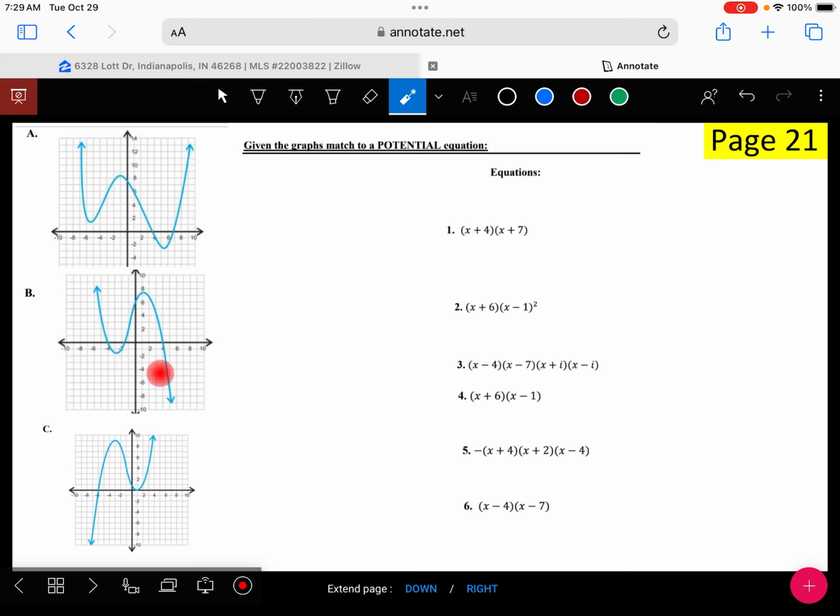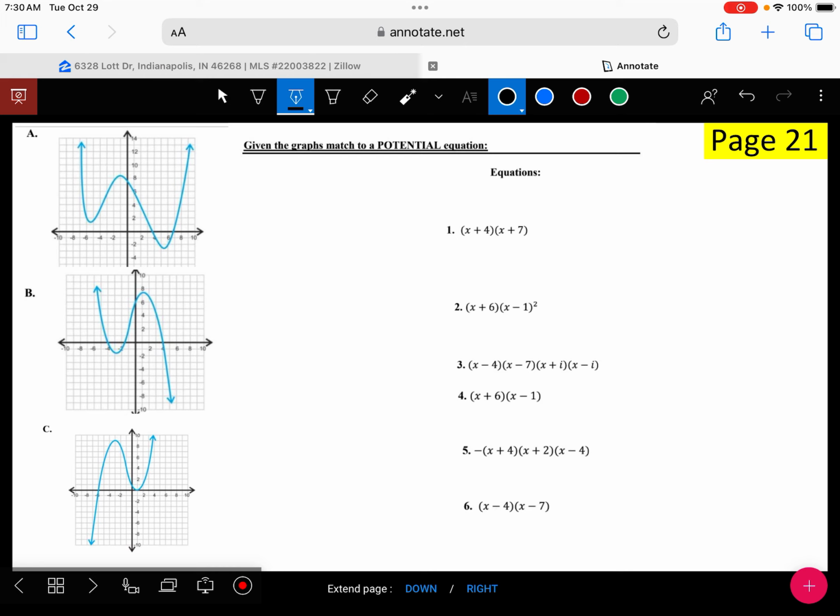Which equation would go with the second graph and which equation would go with the third graph. So what I want you to do, before you look over here, is write the equation for A, B, and C. And then match it. So take a minute, write your equation for graph A, B, and C.